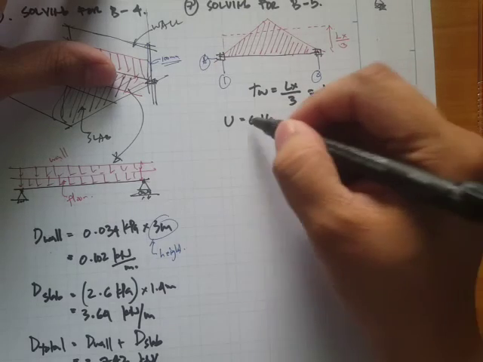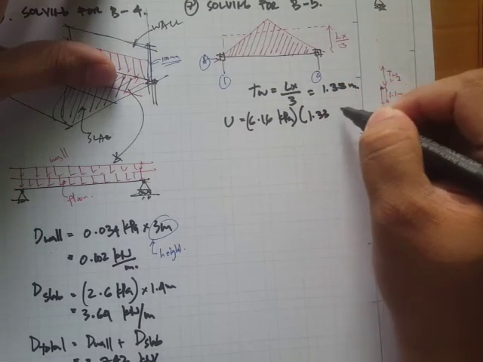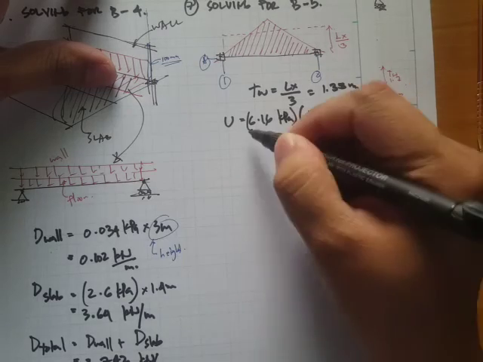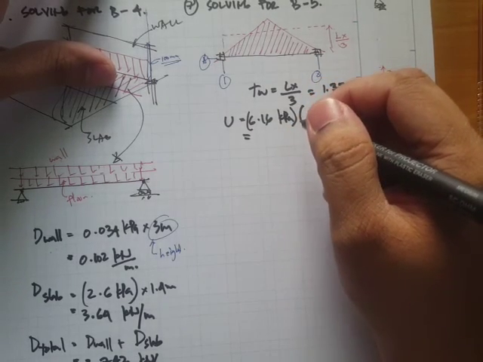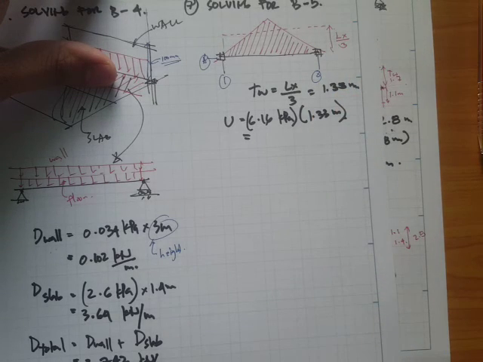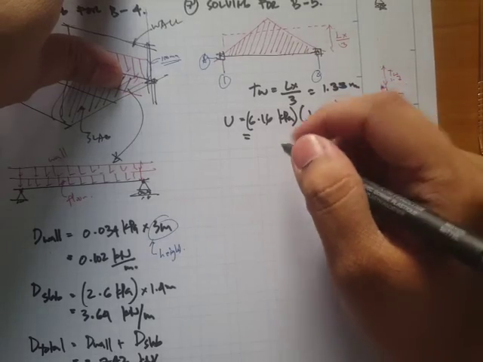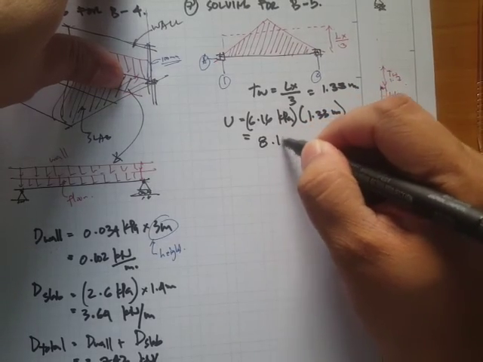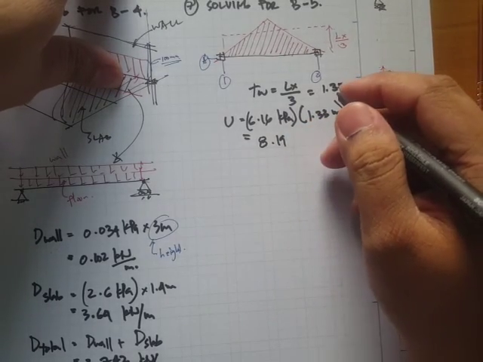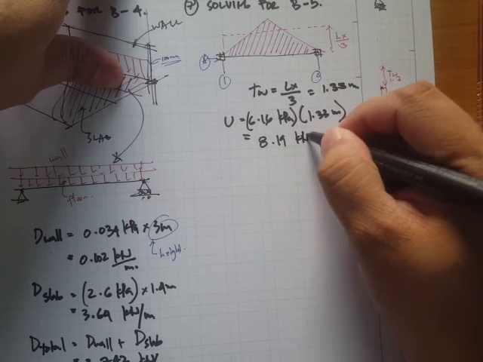Okay, so let's continue. 6.16 kilopascals times the tributary width, that's 1.33 meters, and we get a value of 8.19 kilonewton per meter.